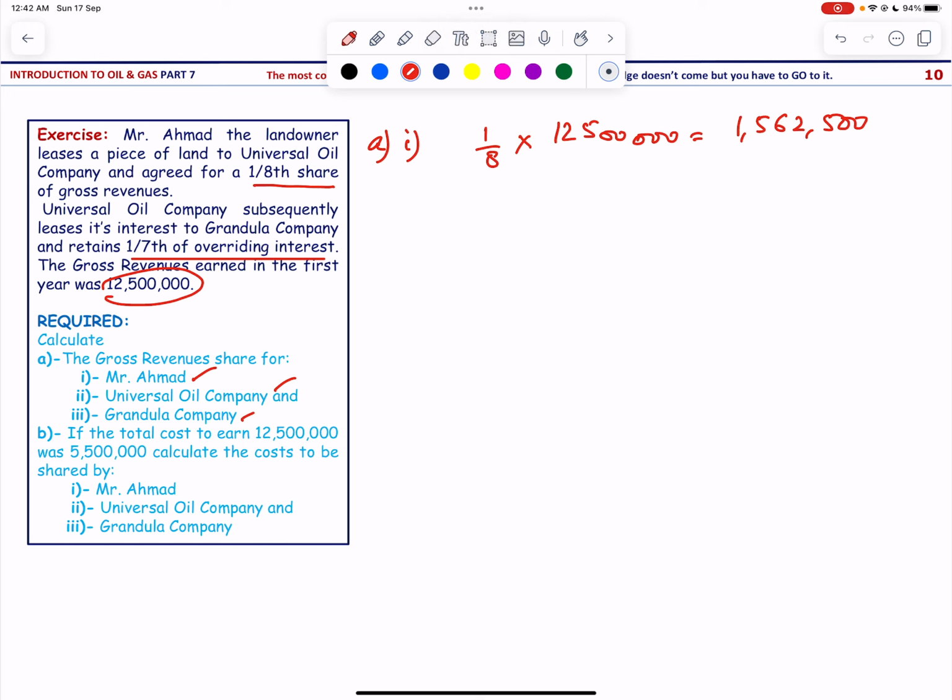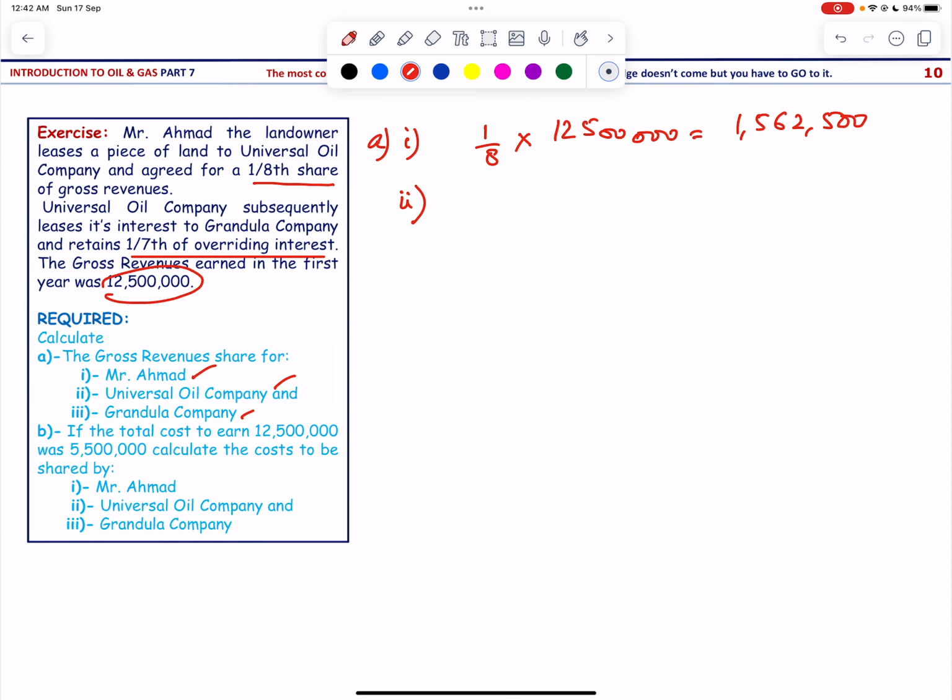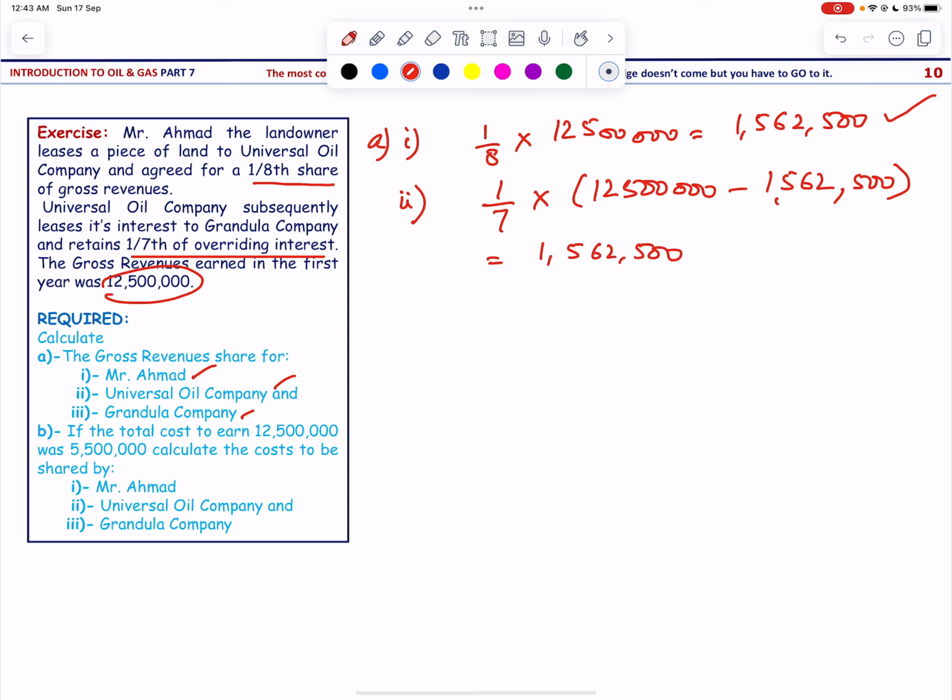For Universal Oil Company, now you see they are having 1 upon 7, so that will be 1 upon 7 times 12,500,000, and we will be subtracting the royalty already paid, 1,562,500. So this is going to be equal to 1,562,500.